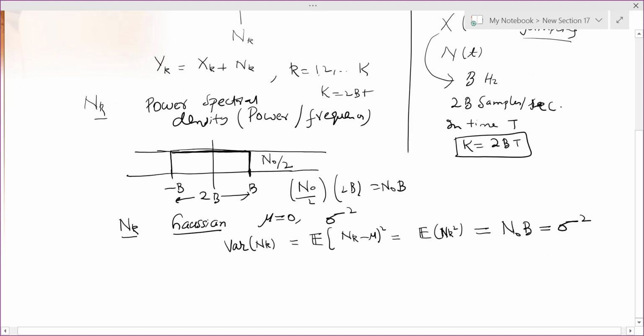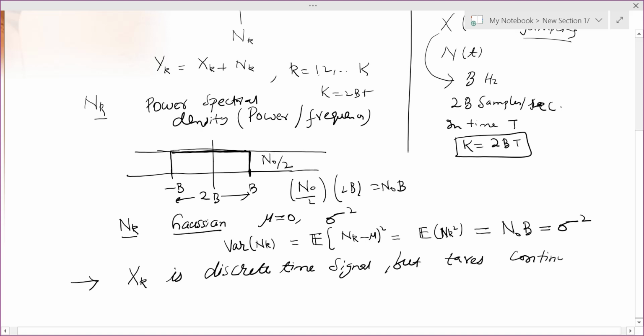This is another observation. Now we have input xk, output yk. Yk is also random, but mind it, xk is a discrete time signal but takes continuous values.